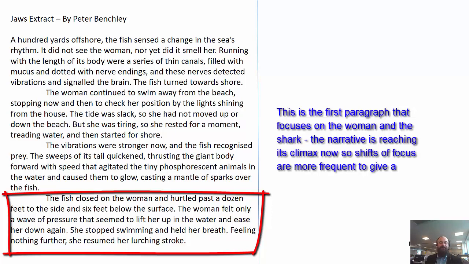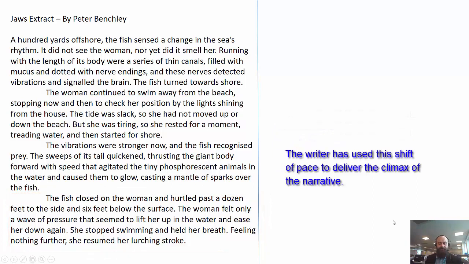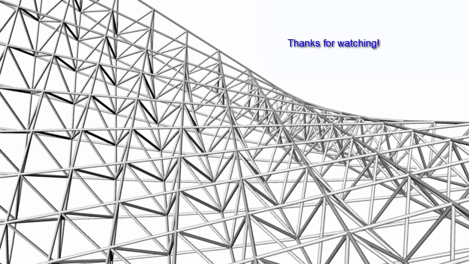It's exactly the same as when you watch a film and those swift camera shots make the action frenetic and fraught. And for the reader now, we know that the tension is at a maximum. The payoff of this build-up is about to be delivered in like a crescendo any moment now.